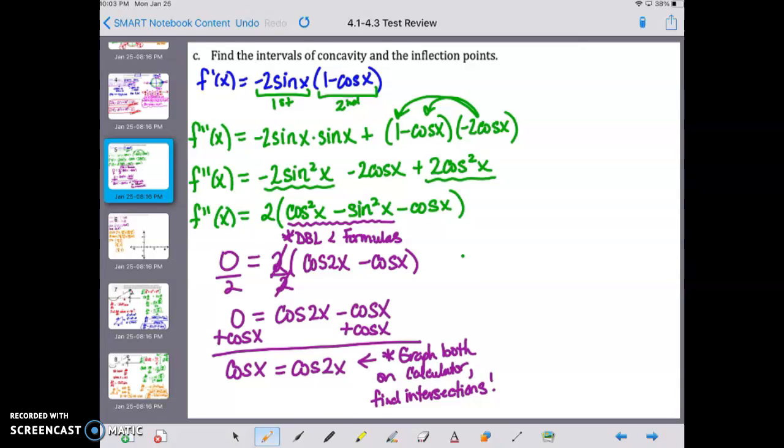So my CVs, again, found from my graph, are going to be -2 pi over 3, 0 pi, +2 pi over 3, +4 pi over 3, and +2 pi. But again, my endpoints are -pi and +2 pi, so I don't really have to worry about testing beyond those.